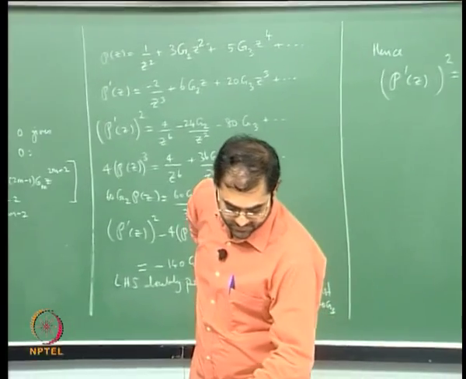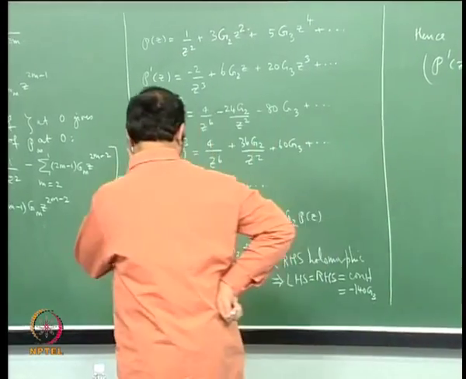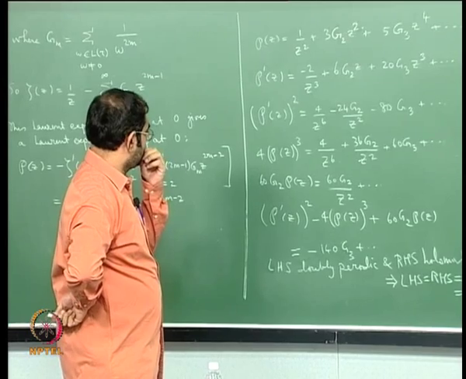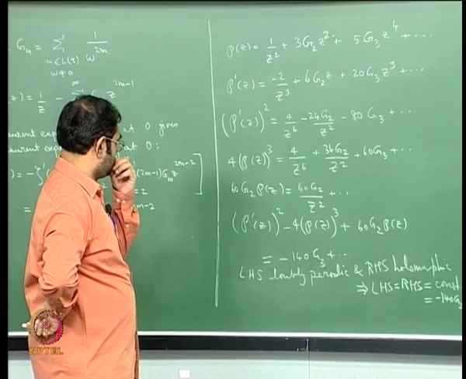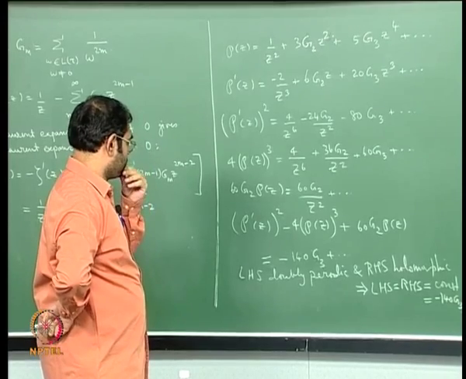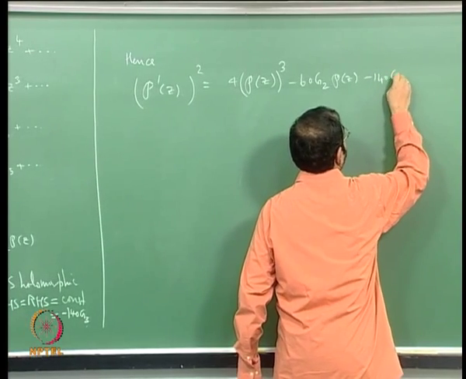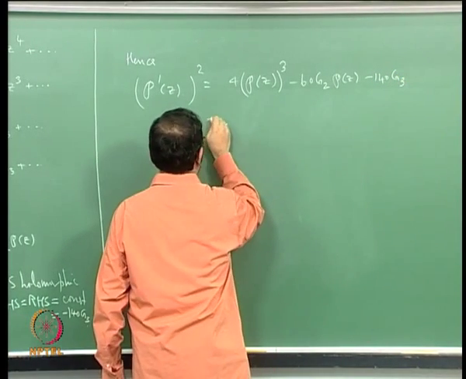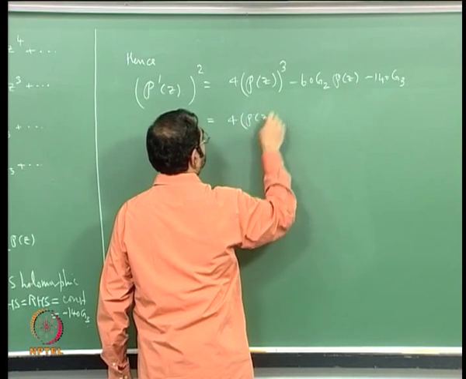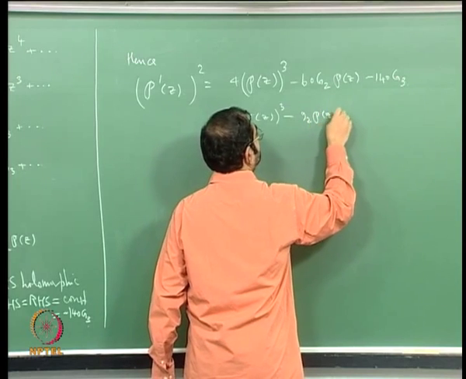Let me just check that the sign is right. Yes, minus 140, which is what I wrote as 4 times p of z the whole cube minus g2 p of z minus g3.